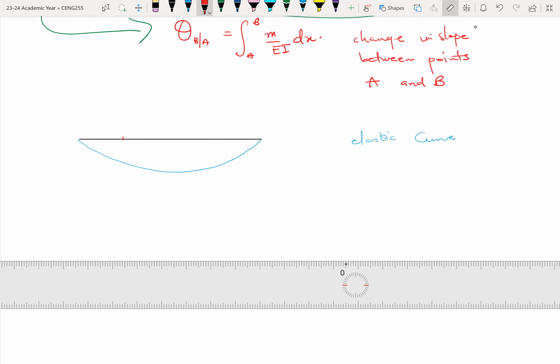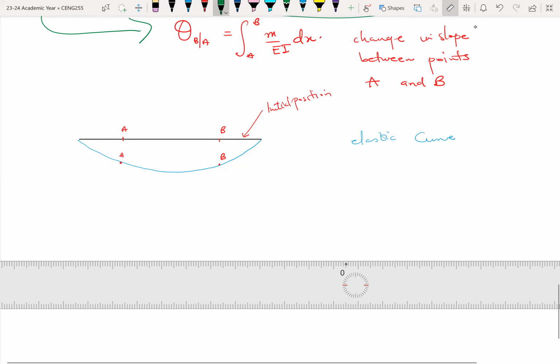So here I have points A and B on the elastic curve. Let's say here was the initial position of the beam.